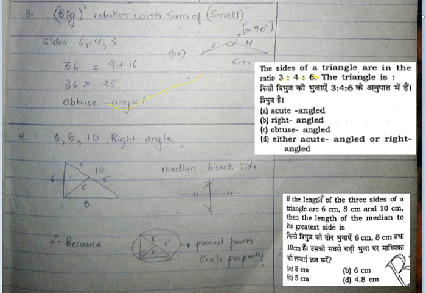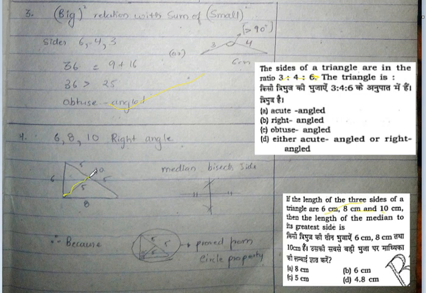The lengths of the three sides are 6, 8, and 10, so we can directly say that these are right angle triplets. Okay, so the length of the median from the greater side. So this is the greater side, and from here the length of the median he was asking.